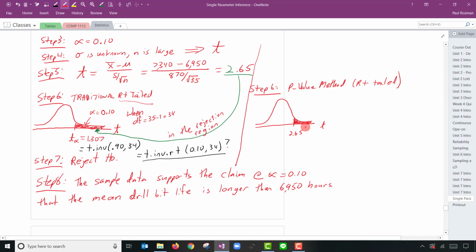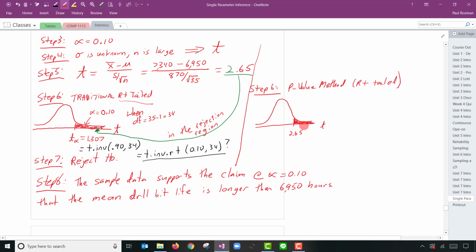This is our p-value. Of course, with the table, this is really hard to do actually, because 2.65 is probably not going to be in the table. So the best we can do is find a range that this probability is in.